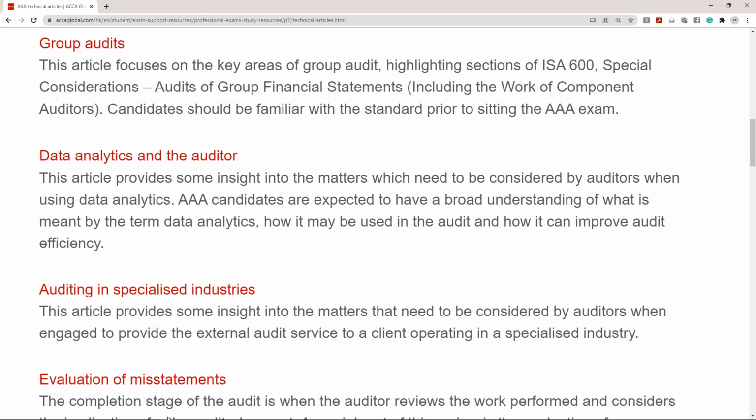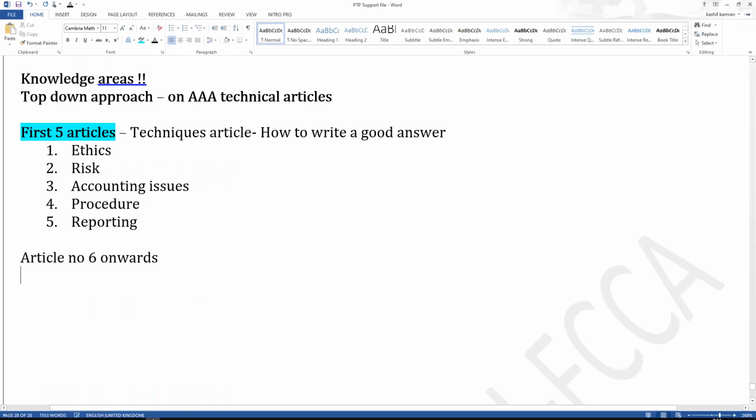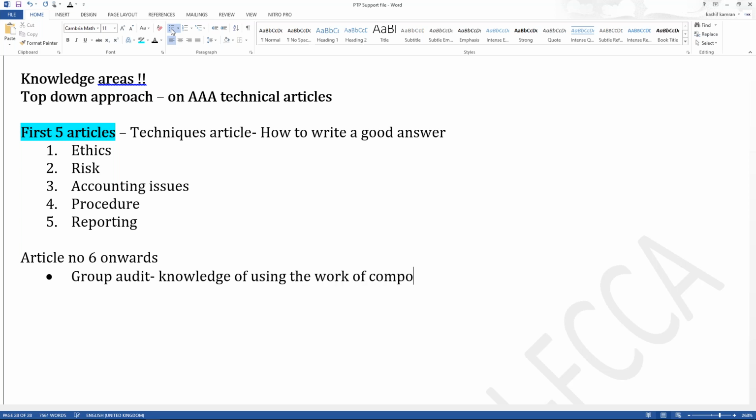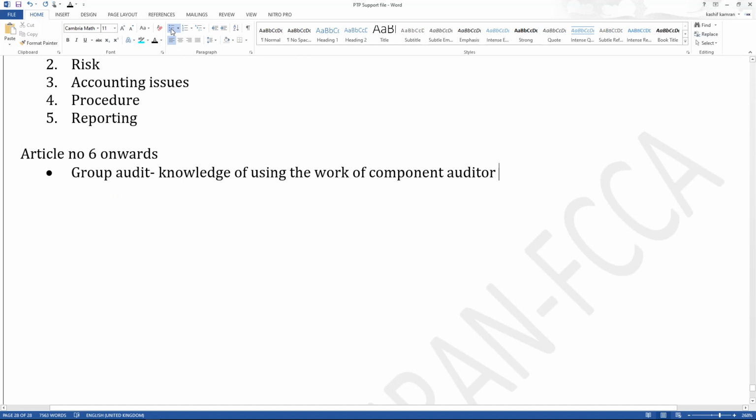So I'll rate the group audit article as a knowledge article, number 6, and it will help you with the knowledge of using the work of a component auditor, and you should be good on it. Right, yes, exactly. I've done a video of that as well on my YouTube channel on group audit.